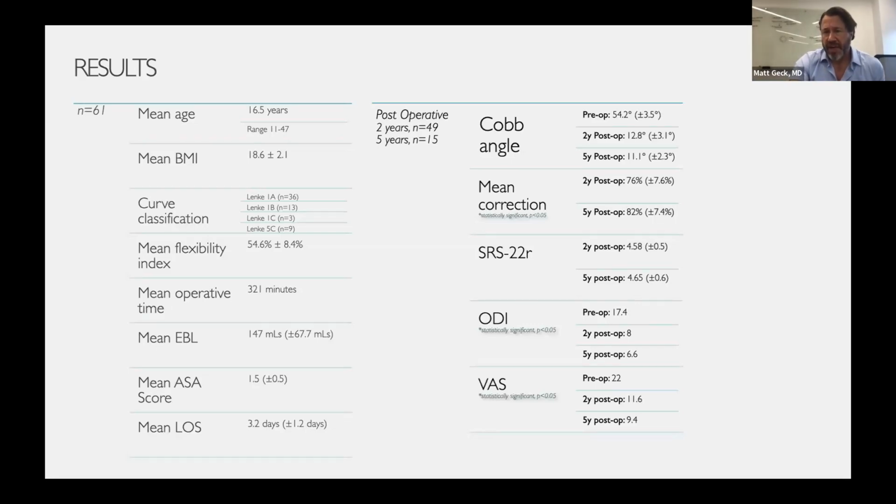But usually for idiopathic scoliosis, you can expect a post-op SRS-22 score to be between 4.4 and 4.6. And so you see that our scores were right in that milieu. And then Oswestry's, again, under a 12 is considered normal, and our 2-year and 5-year post-ops were normal there as well. And they did have a little bit of pain. That's on a 100-point scale, so 22 out of 100. So again, typical levels for idiopathic scoliosis treatment.